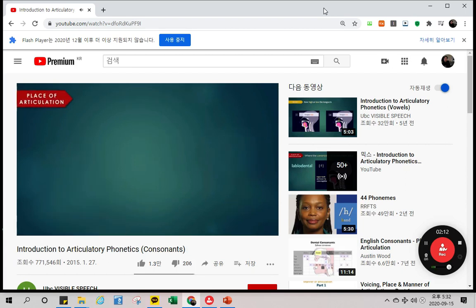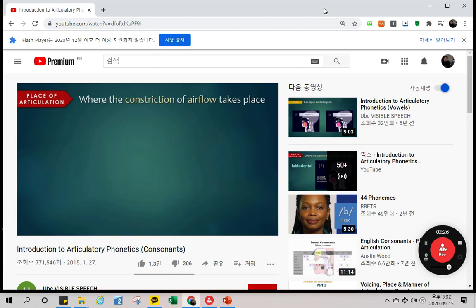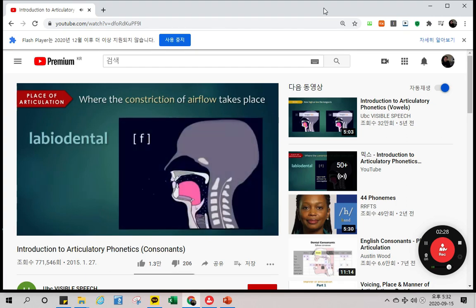Place of articulation refers to where in the vocal tract the constriction of airflow takes place. Bilabial sounds are produced with both lips, like p, b, m. Labiodental sounds are produced with the upper teeth and the lower lip, such as f, v.